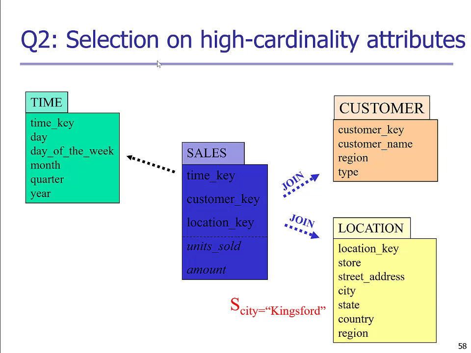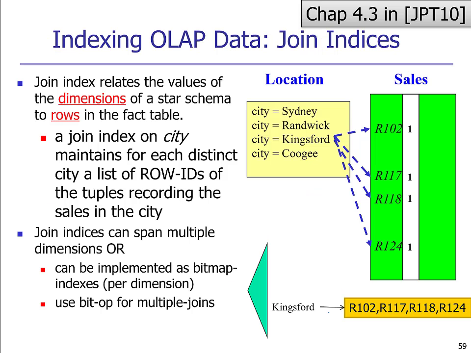For example, if we consider a specific city name, actually a suburb name in this example, then in Australia there are thousands of suburbs. So it's not like those low cardinality attributes. We're seeking different ways to handle this, and the solution would be a join index.